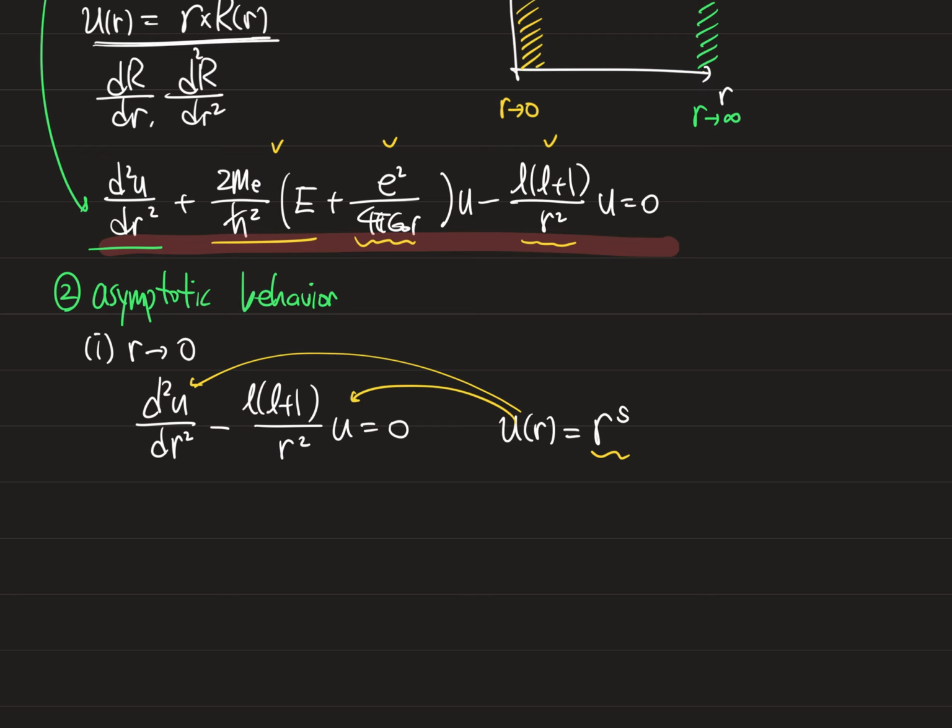Then you can obtain an auxiliary equation: s times s minus 1, r to the s minus 2, because you differentiate r to the s two times, and l times l plus 1, r to the s minus 2, because of the 1 over r squared term here. This is the auxiliary equation to obtain the power s.